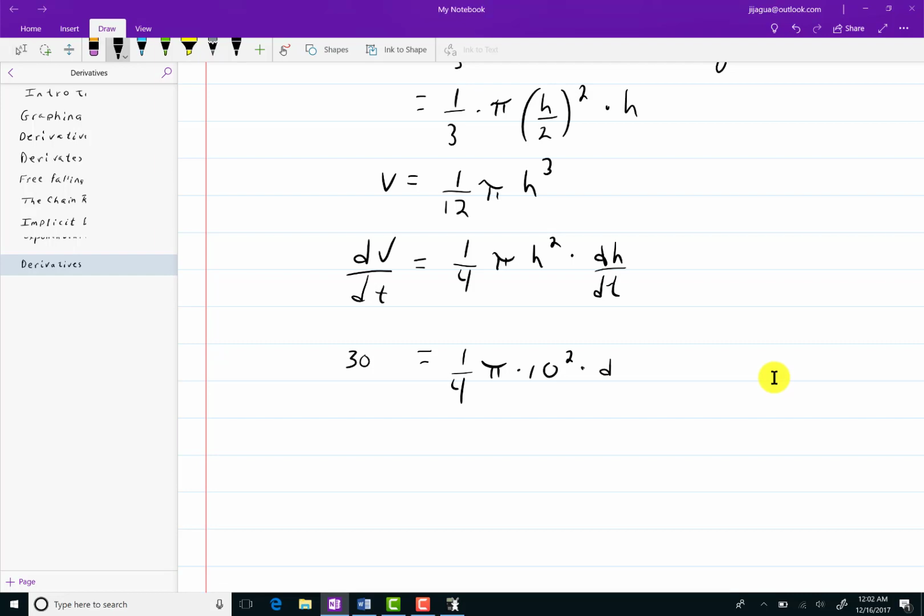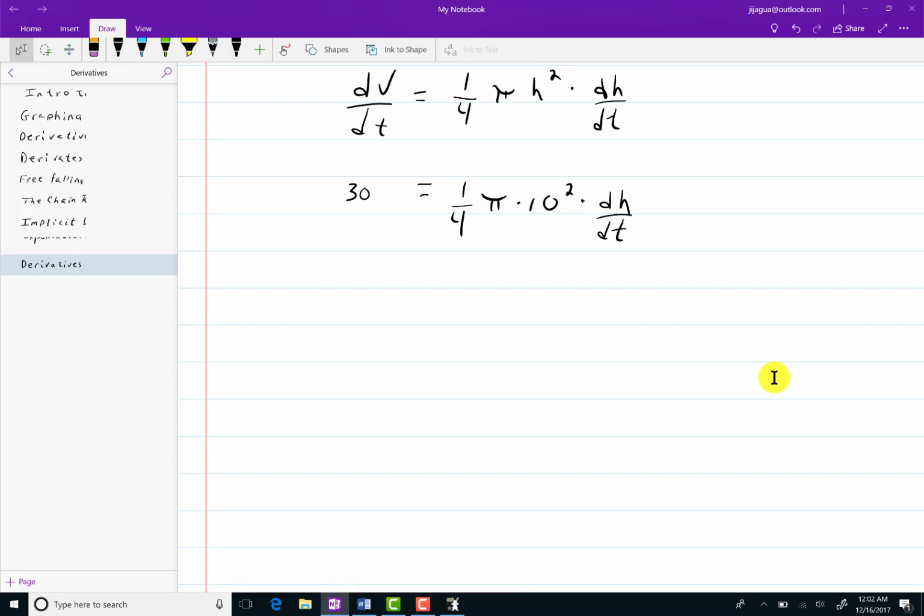times dh over dt. All right, so here I'm going to get 100 divided by 4, which will be 25. 25 pi dh over dt equals 30. I'll divide both sides by 25 pi.